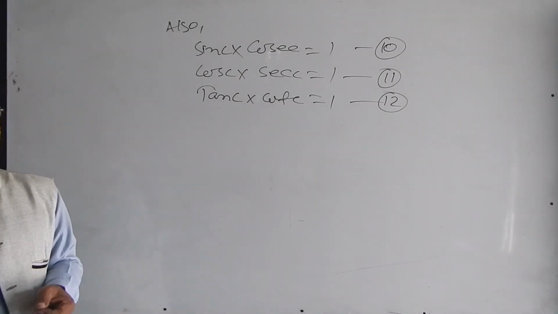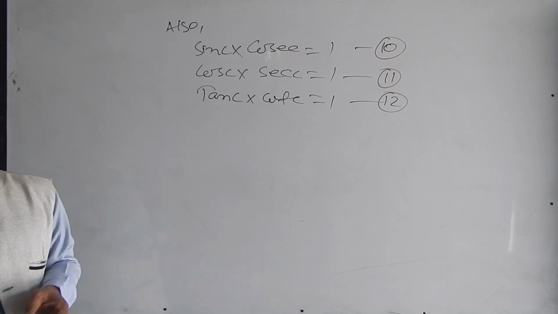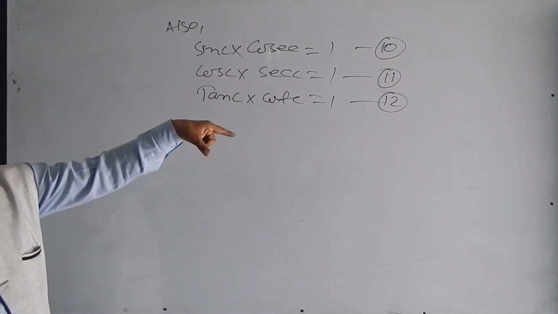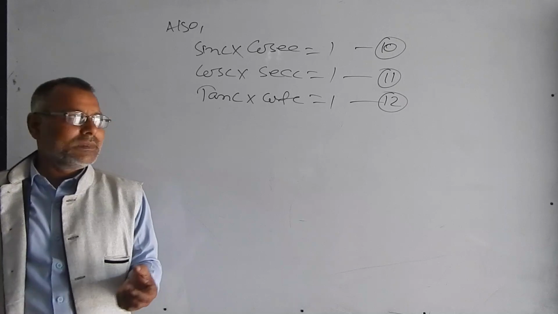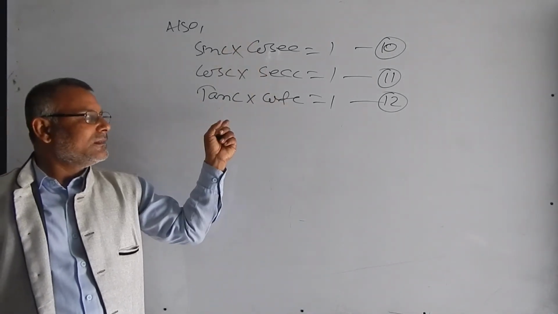Those 6 types of ratios are trigonometrical ratios. They are the sine, cosine, tangent, cotangent, secant, cosecant. In the right angle triangle, using the Pythagoras theorem, we made these 12 formulas.